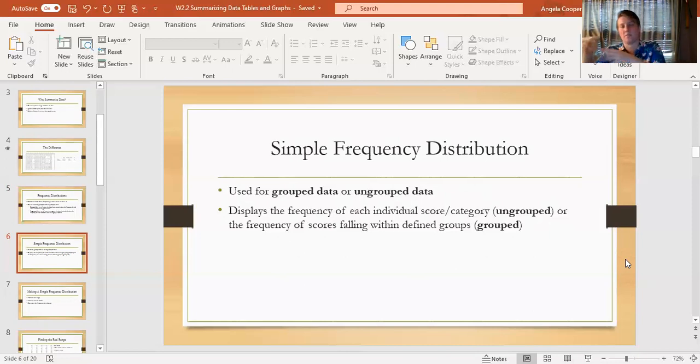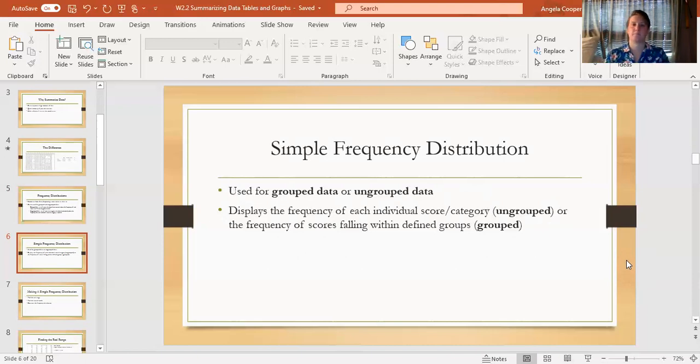Oh, 2,600, whatever. Or with ungrouped data, how many biology majors do we have? How many chemistry majors do we have? So the simple frequency distribution is a table that shows your intervals or your categories or your majors in that particular example, and then the number of people or individuals or scores or data points that fit into that group.